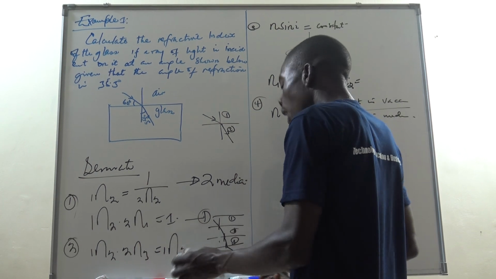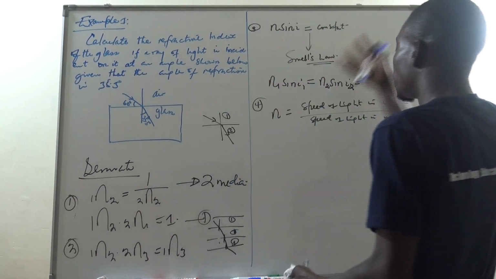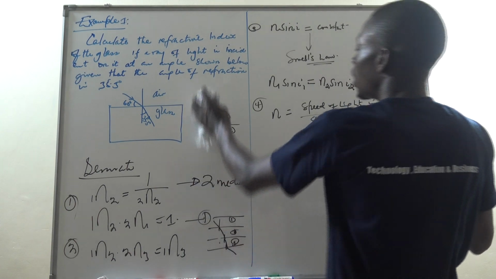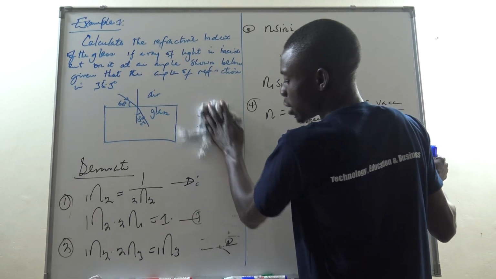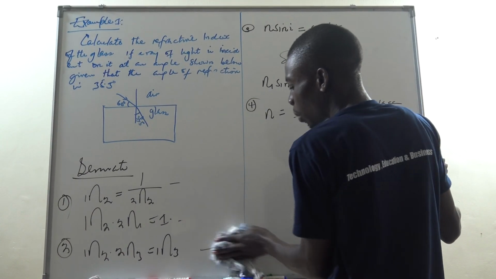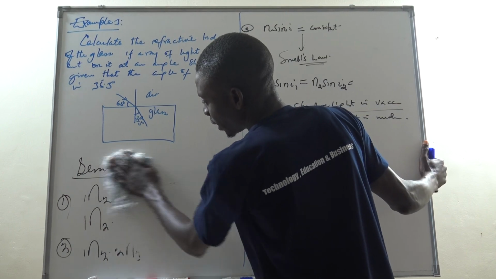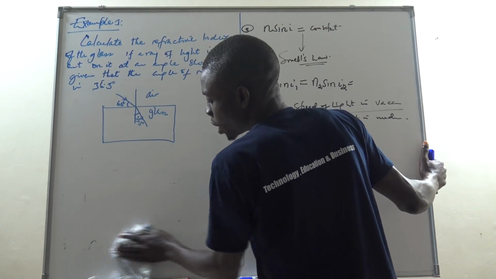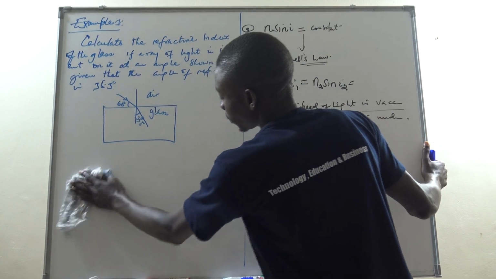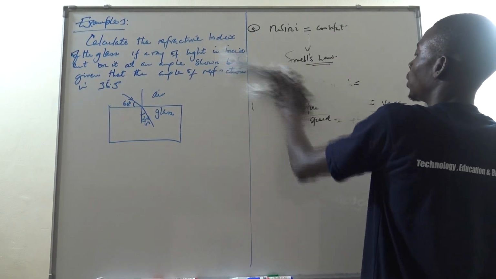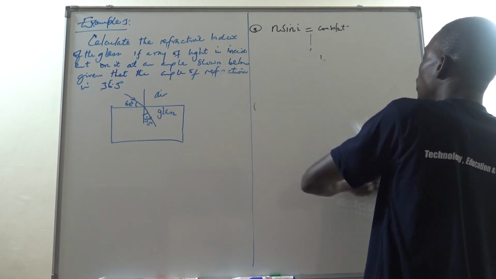So, having known the procedures of dealing with this, let's now see how we can solve this problem here. It's a simple problem that is giving us a stepping block to go to some other good one. So, how do we handle this problem here?